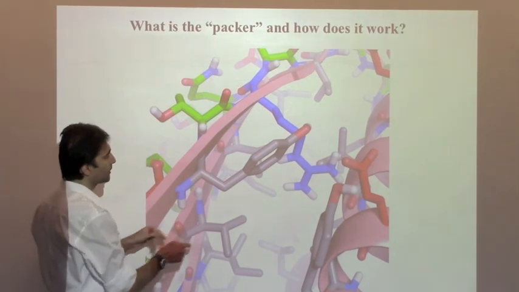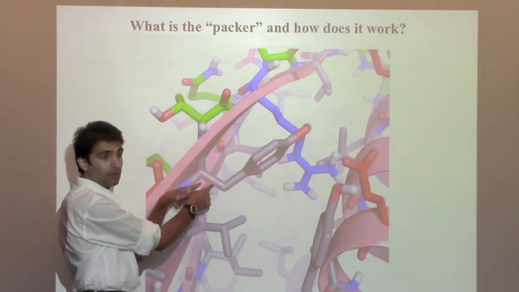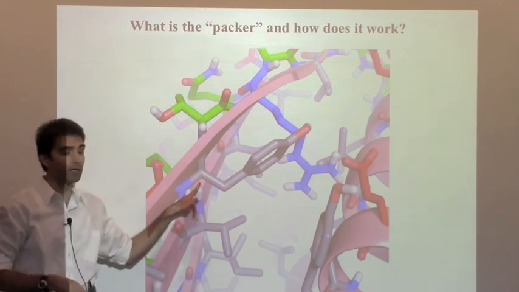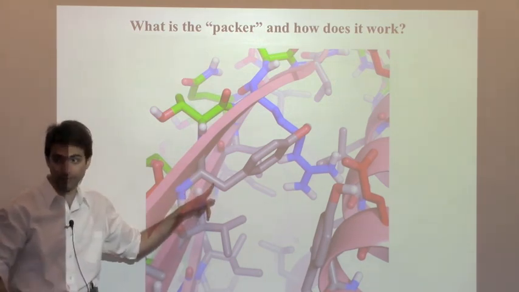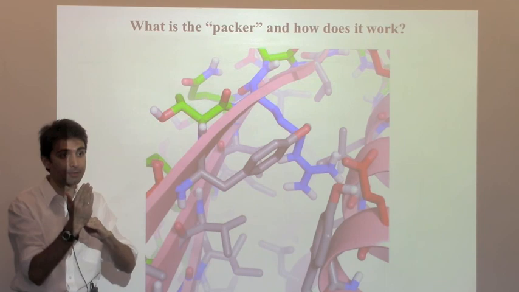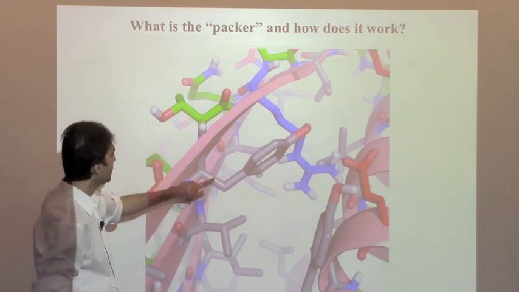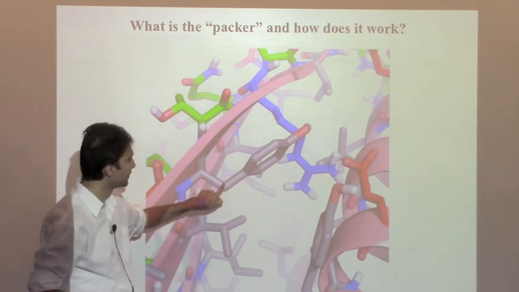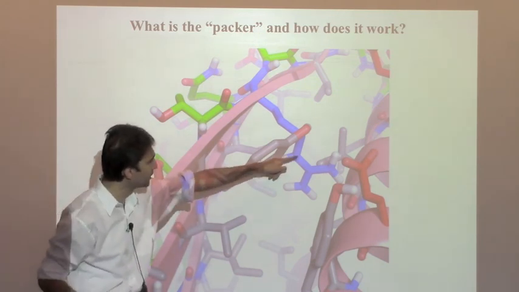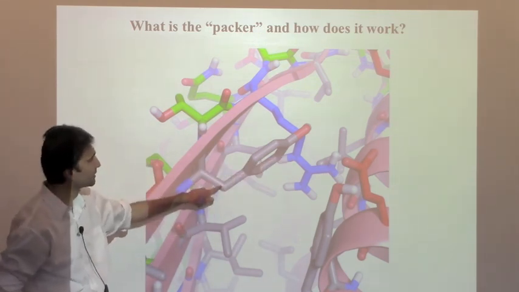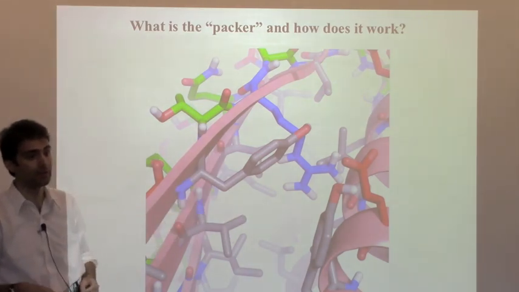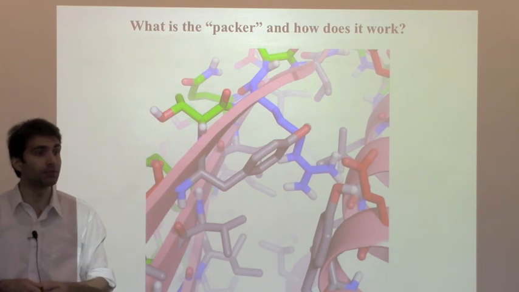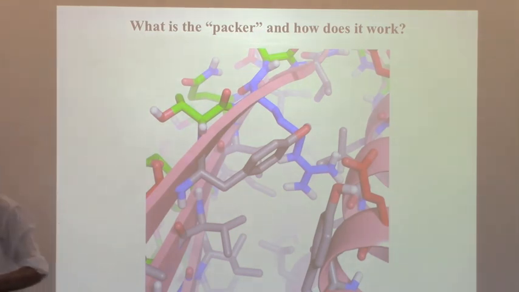All I have to recalculate are the internal energy terms for this residue, so the Dunbrack term, for example, fa_dun, which gives you an energy based on the current rotamer, and the pairwise terms between this residue and its neighbors. So is this residue now clashing with this? Is it now clashing with this? Does it now have a favorable electrostatic interaction? And I only update those energy terms for that residue and its neighbors.